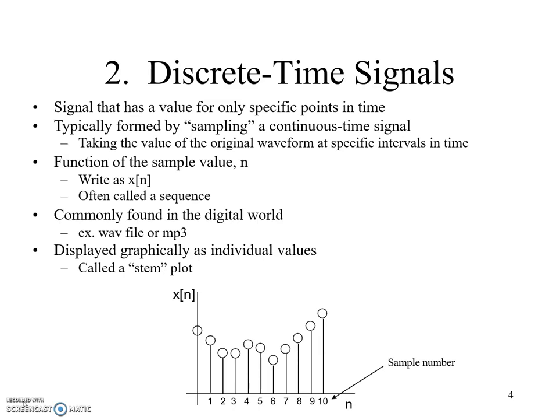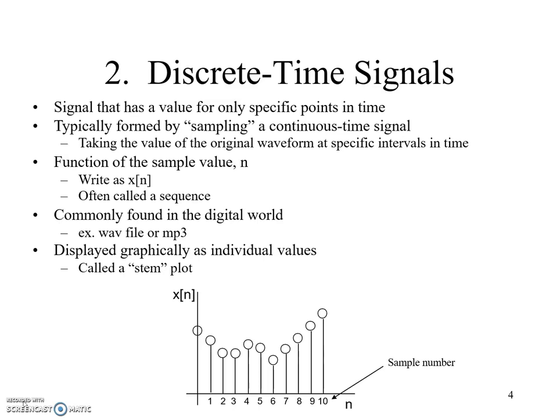When you apply a sampling operation over the continuous time signal, we get the discrete time signal. For the sampling operation, the input is the continuous time signal x of t, and the output is the discrete time signal. We represent this discrete time signal with x of n, where n is the time index.